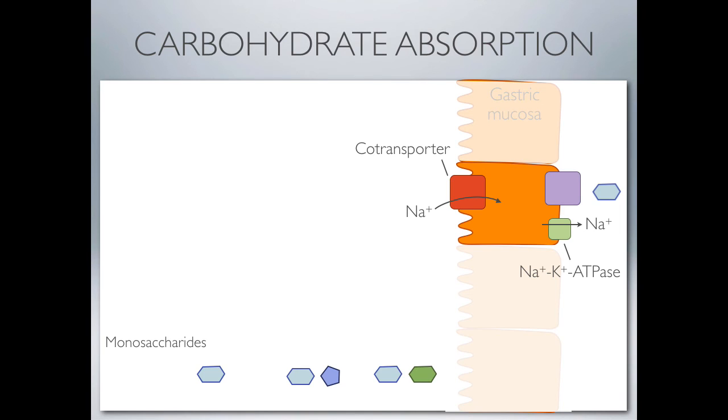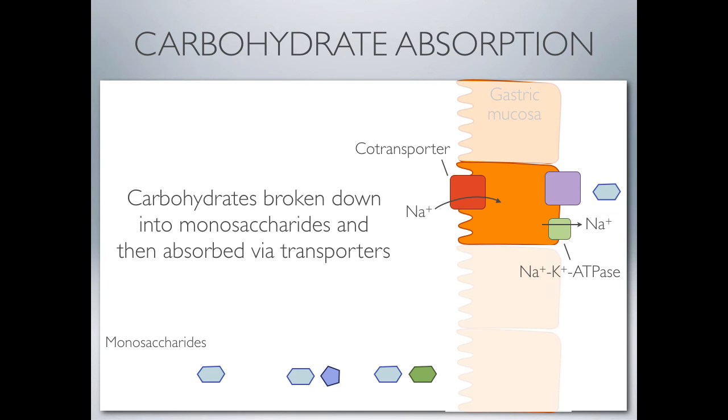So the bottom line for carbohydrate absorption is that the carbs are broken down into monosaccharides, and then they're absorbed via transporters. Pretty simple and pretty familiar territory because we already talked about the absorption process.